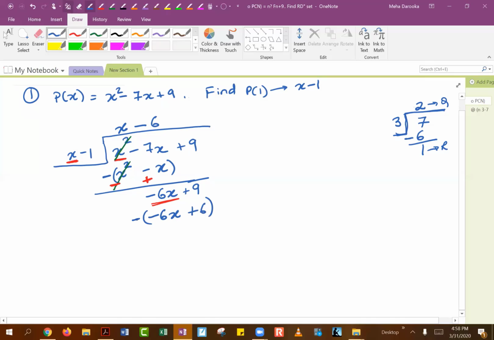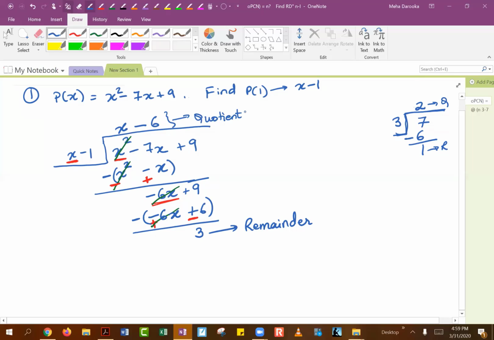And then again, in division, since we need to subtract these guys, negative times negative becomes positive. Negative times positive will end up becoming negative. So again, -6x, +6x will cancel out. +9 minus 6 will end up becoming a +3, and this is going to be our remainder. And then remember, this guy, of course, is our quotient.